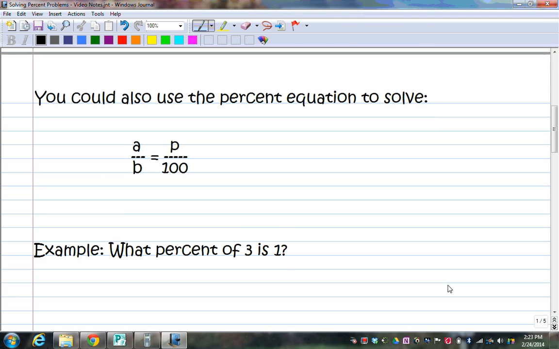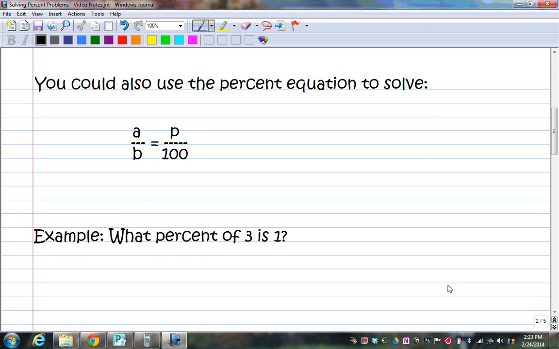Now we're going to show you the percent equation. Let's start first with the proportion. If I took this part of the proportion and I changed it to a decimal, it would become just P, and that would be equal to this A over B part still. The only thing I changed is I took the fraction and changed it to a decimal. I'm going to rewrite this so it looks like the other one.